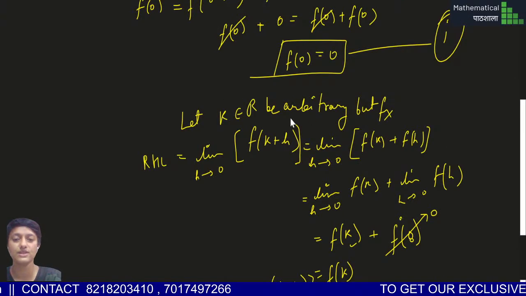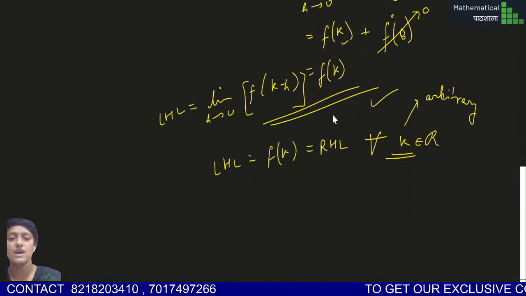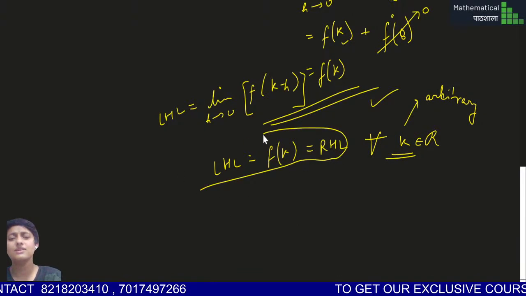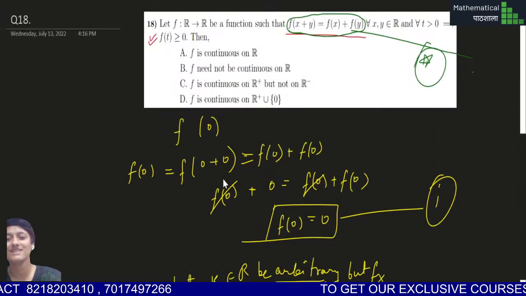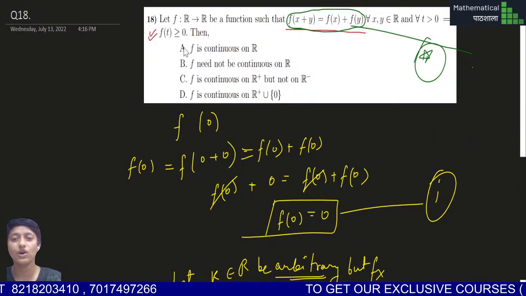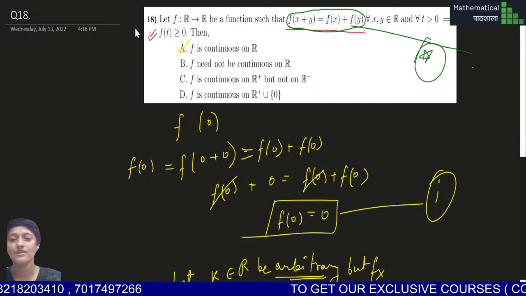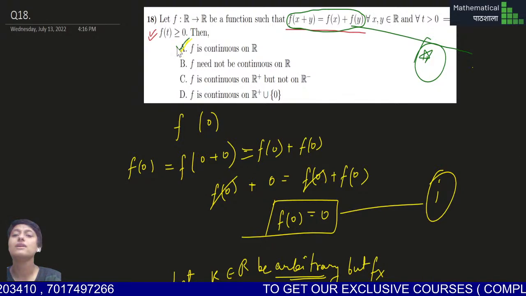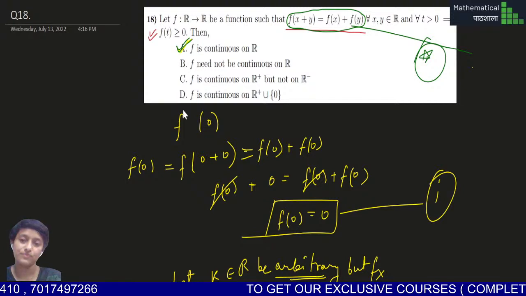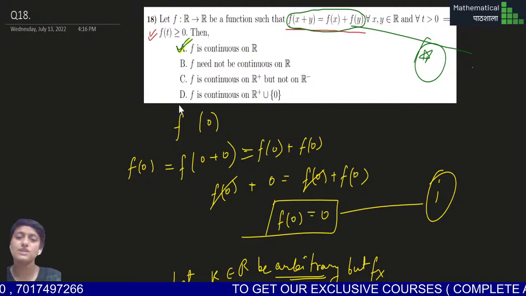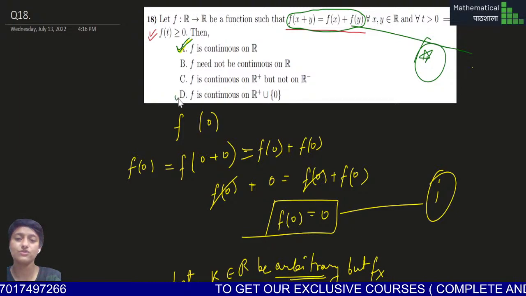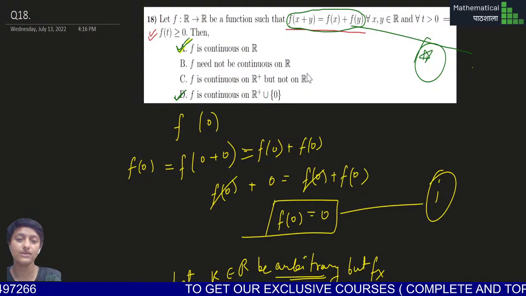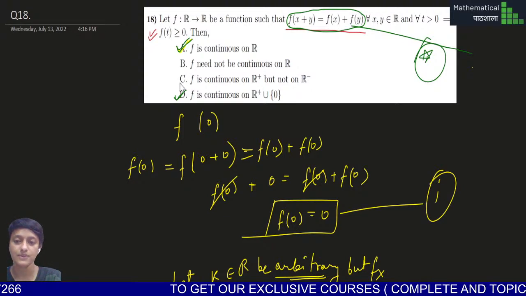Hence, it is true for all k belonging to R. So, this is the definition of continuity, and f is continuous for all k belonging to R. f of x is continuous for all x belonging to R. So if it is continuous for all x belonging to R, it is continuous for this also. And this option is saying it is not continuous on R dash, so this option is incorrect.